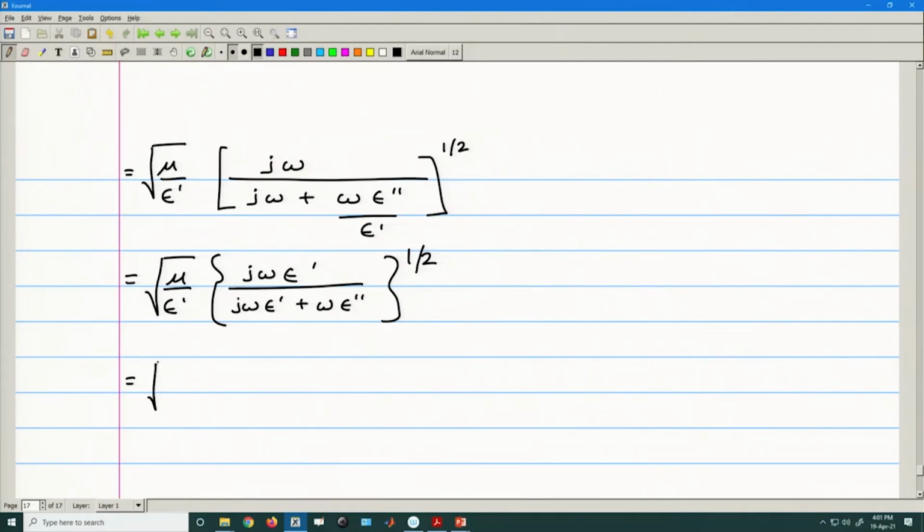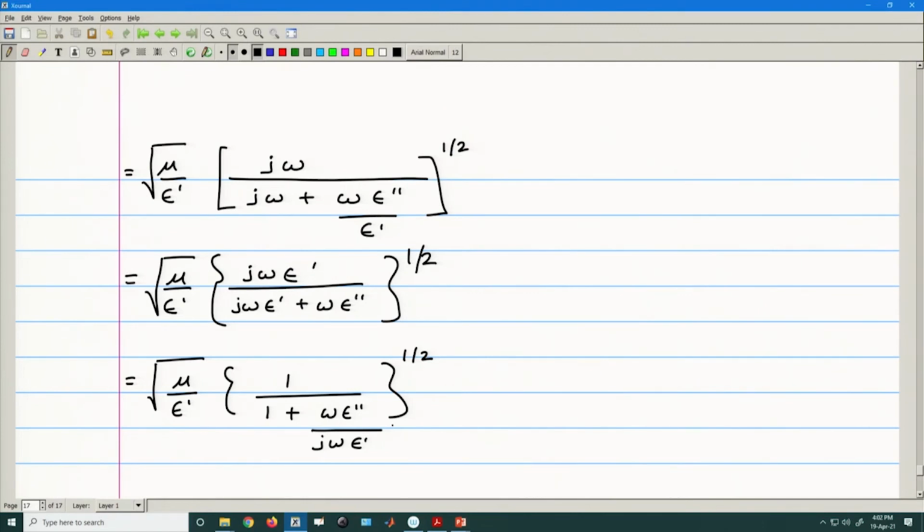That becomes mu upon epsilon prime. So we can write it as, dividing by j omega epsilon prime, we get 1 in the numerator and 1 plus omega epsilon double prime upon j omega epsilon prime, raised to the power half. We are doing it this way because we will be substituting this value as q.